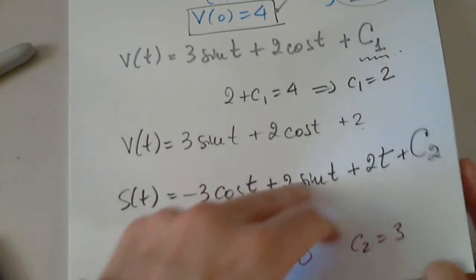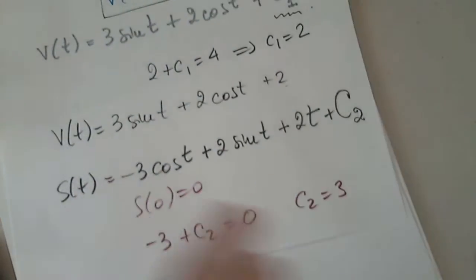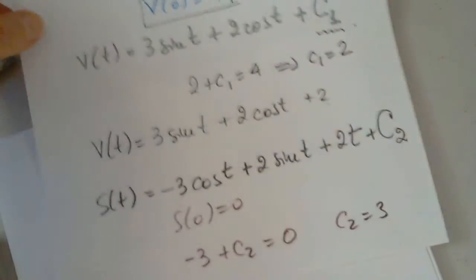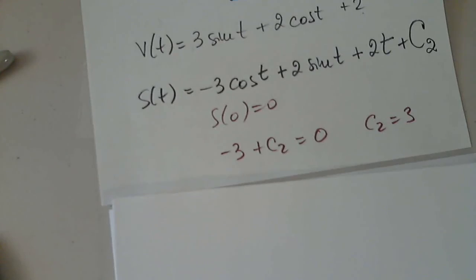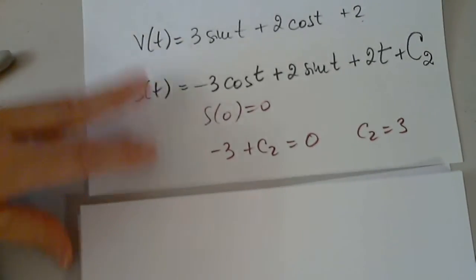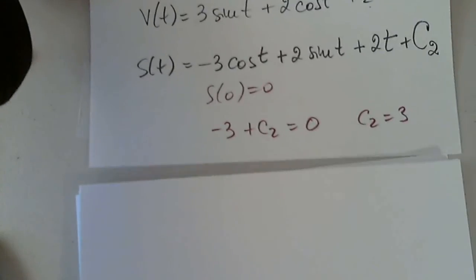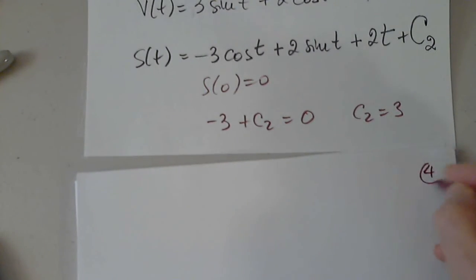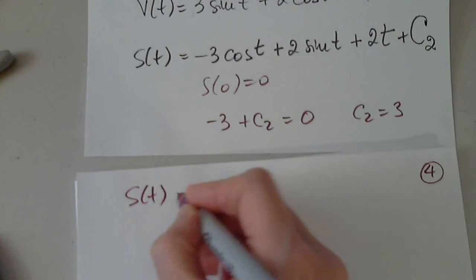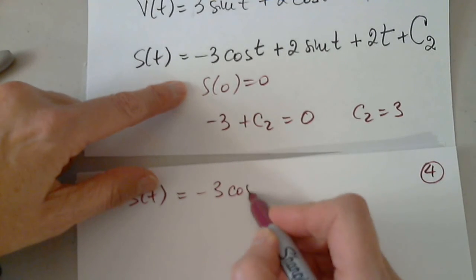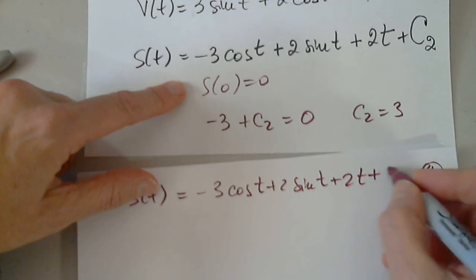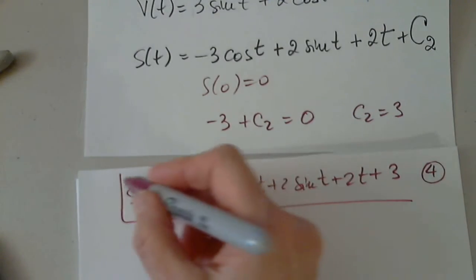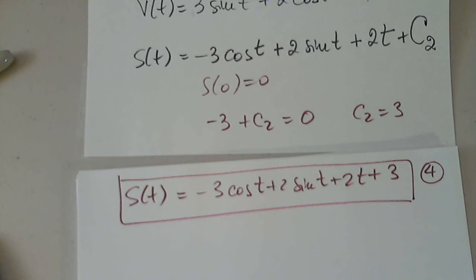So I found the unique function, the distance formula, that complies with the given conditions. So this is s of t equals negative 3 cosine t plus 2 sine t plus 2t plus 3. And there is no other function that fulfills the given conditions.